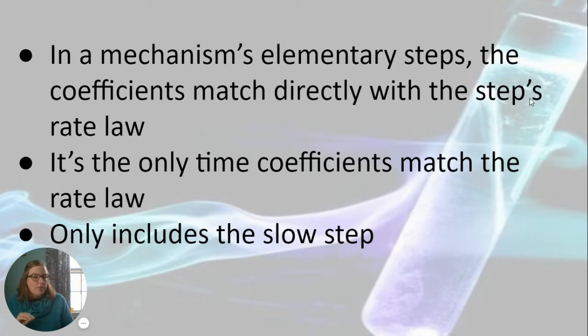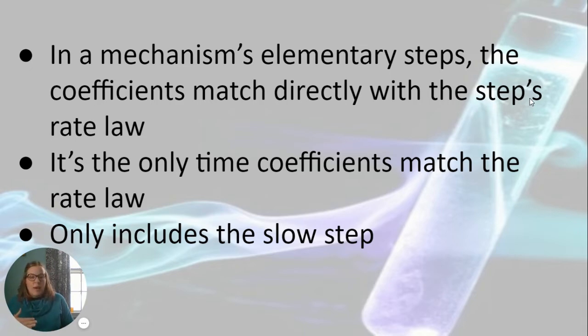We've talked about this before, how the slow step is going to be our rate determining step. And when we talk about a mechanism, the elementary step that's the slow step is where we are going to find our rate law. So the actual reactants in that slow rate determining step are what we are going to use to write our rate law.